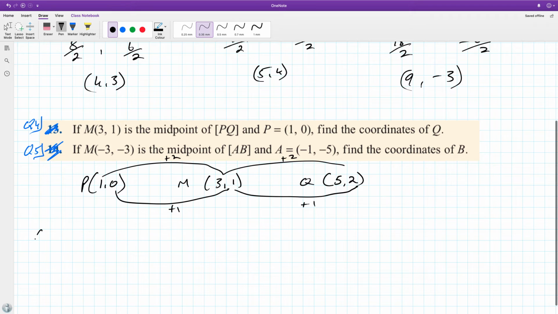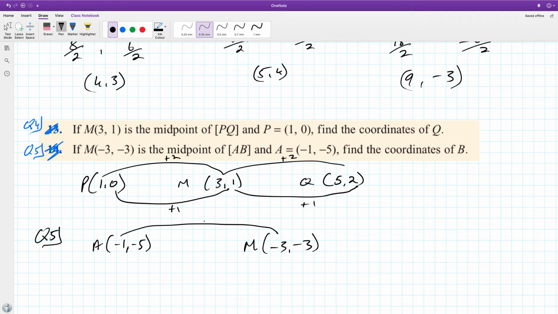Question number 5. A is our point minus 1, minus 5. M is our point minus 3, minus 3. So once again, what's the jump from minus 1 to minus 3? Minus 2. We're going back 2.